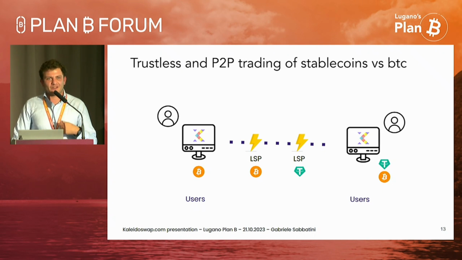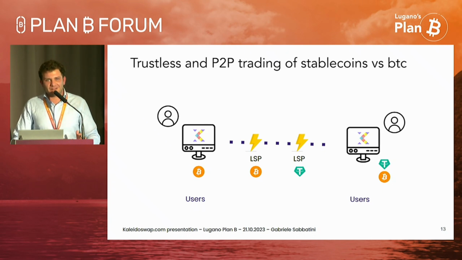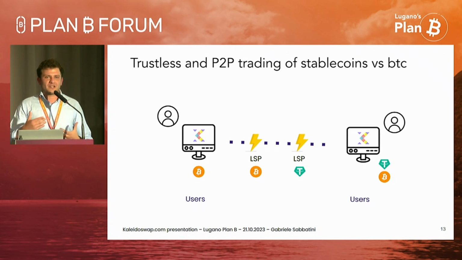But for sure, it is also possible to do that not against a professional market maker. It's reasonable to think that if you are a professional market maker, you have the infrastructure to handle all the liquidity and channel challenges related to the Lightning Network, both for Bitcoin and for the other asset, right?